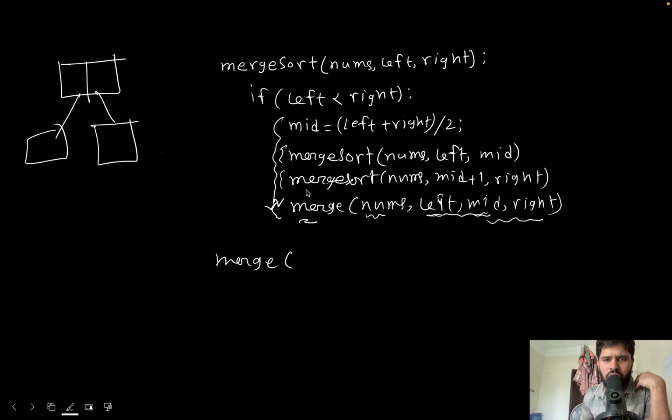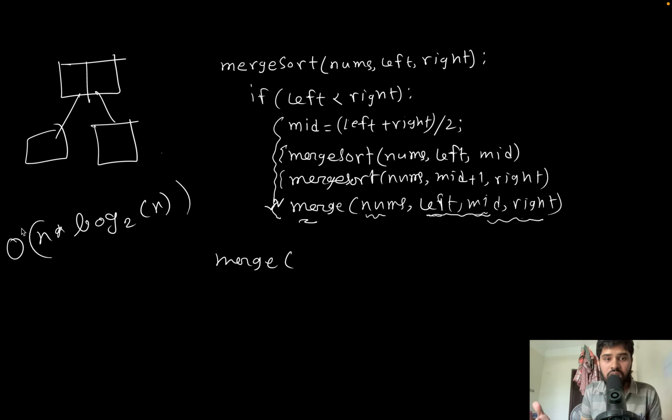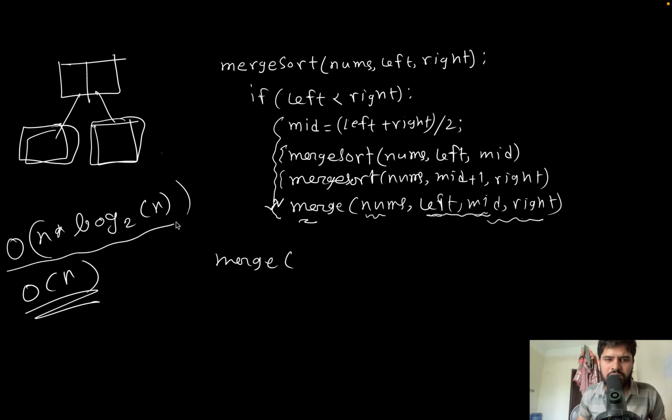We're dividing by 2 all the way, so the time complexity is log 2n, and it will take n times log 2n time complexity overall. The space complexity is O of n for the recursive call stack. Also, we have to use 2 arrays to copy the partitions, the left sorted array and the right sorted array. We will see that. So the space complexity would be O of n, and the time complexity is n times log 2n.